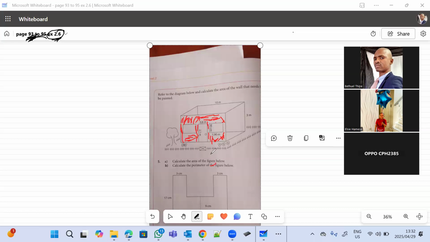Okay. So can you notice that for us to get the area of the wall, we must actually take out the area of those two windows, and we must also take out the area of the door.